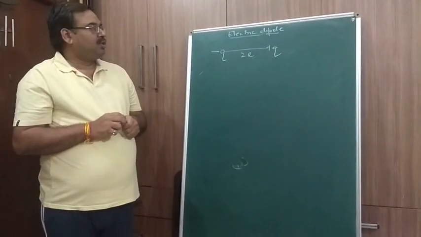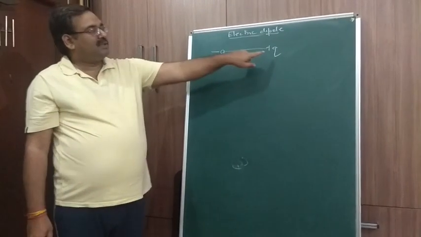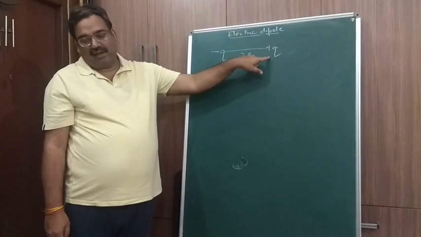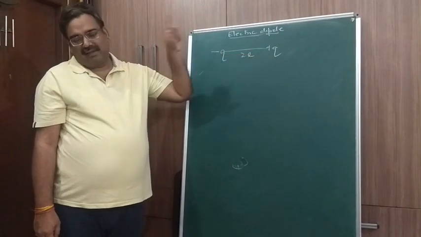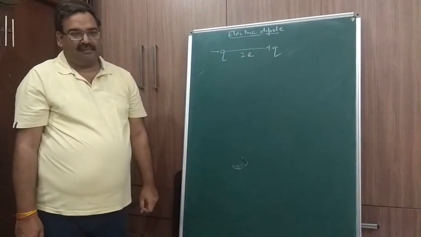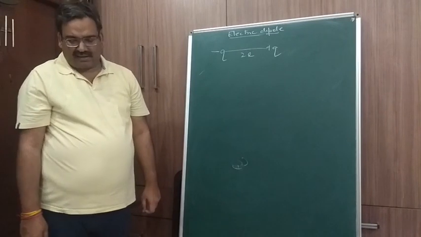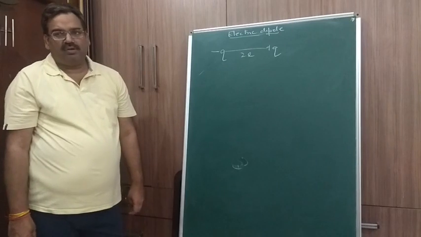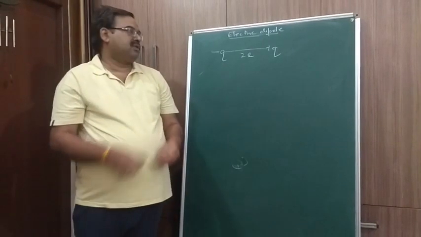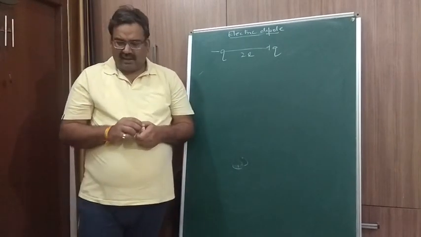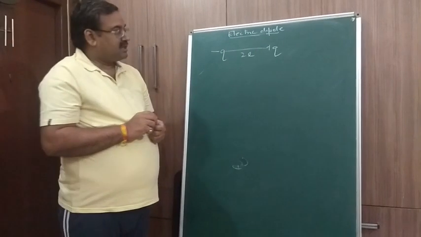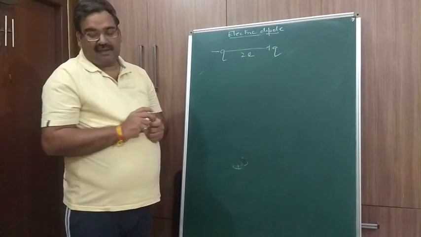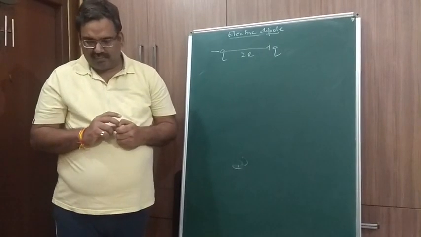Once again, two equal and opposite charges separated by a distance 2L make an electric dipole.